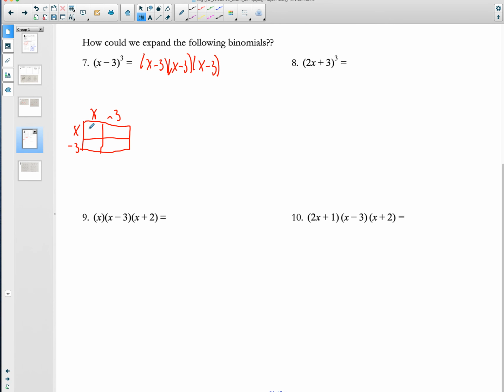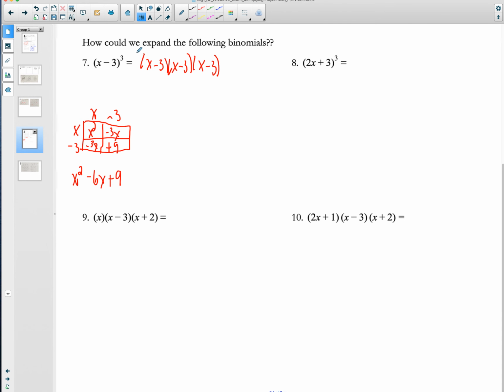And so I'm going to do this product. So x times x is x squared. X times negative 3 is negative 3x. Negative 3 times x is negative 3x. And then negative 3 times negative 3 is a positive 9. Now, if I combine like terms, I get x squared, and then minus 6x, and then plus 9.